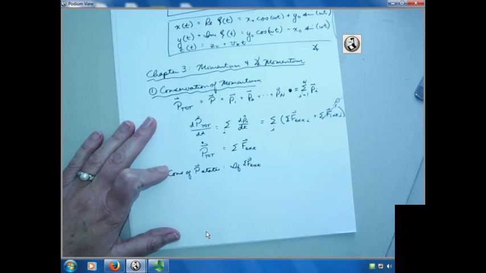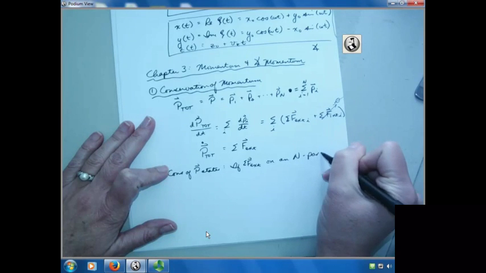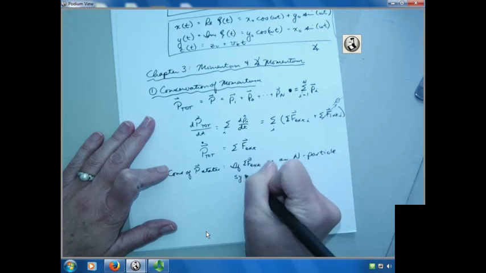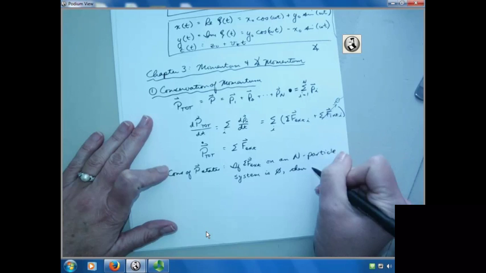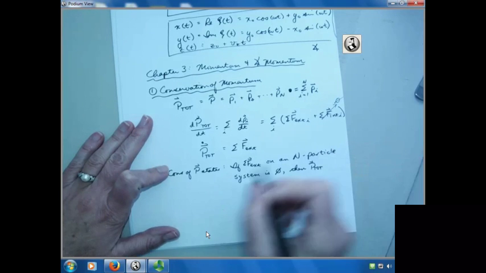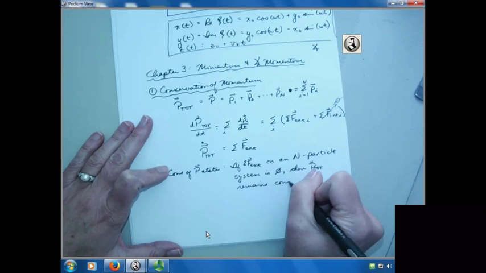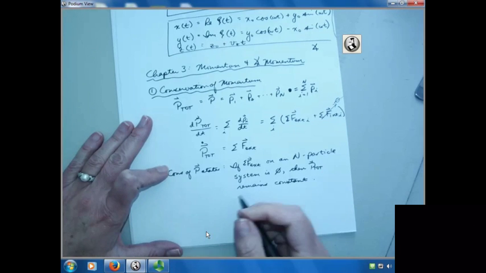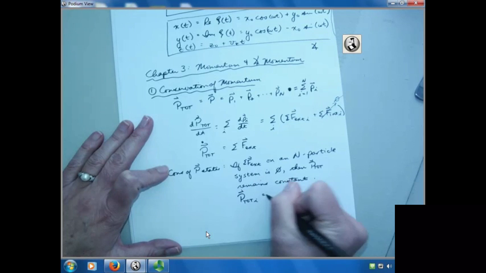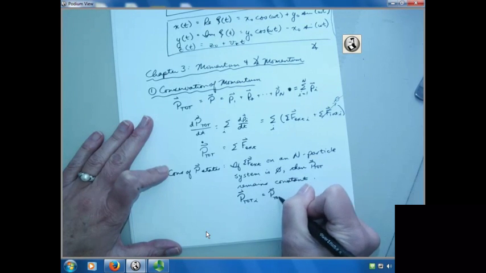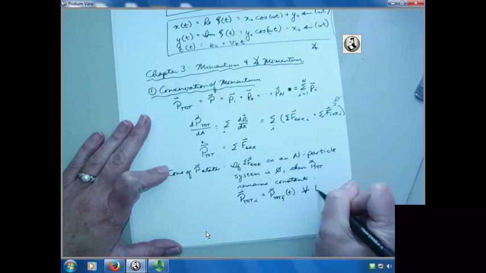Net external force, I'll do it in that symbol, on an n-particle system is 0, then the total momentum remains constant. And a lot of times in terms of symbols, we'll write this as P tot initial equals P tot final at some time t, and that will hold for all times t.